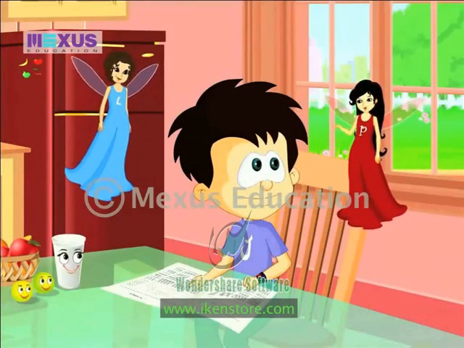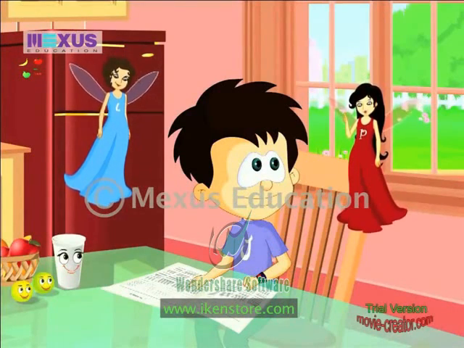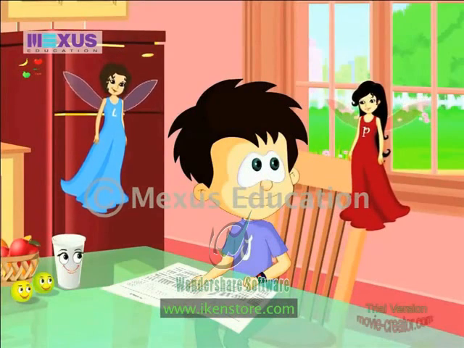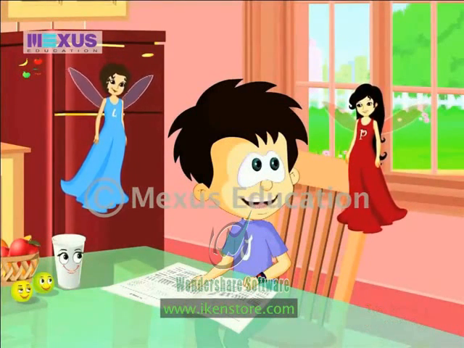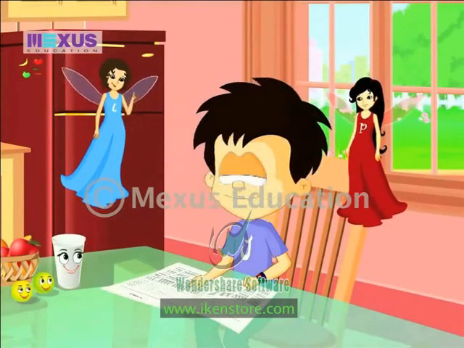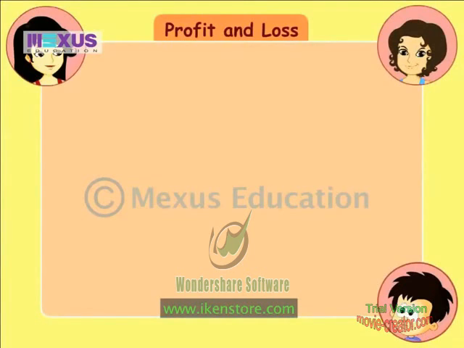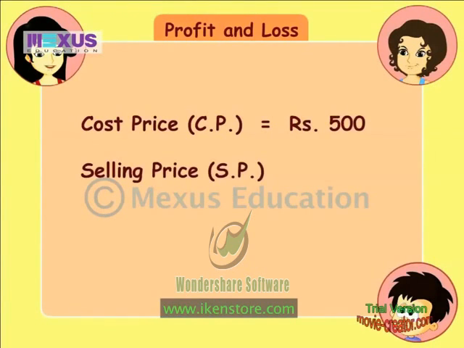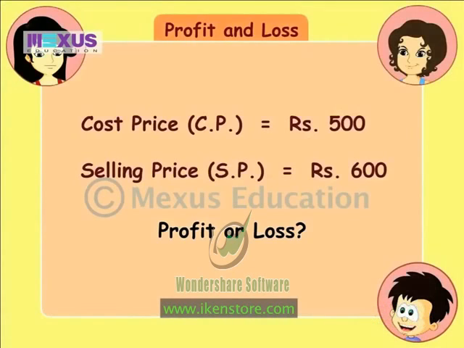Let us show you. Okay now, JC. Let's say you buy a cute little puppy for 500 rupees. And then you sell it for 600 rupees. But why will I sell such a cute little puppy? That's not the point. Loss, take it easy. Okay. As you can see here, cost price or CP is 500 rupees and selling price or SP is 600 rupees. Can you guess whether you'll make profit or loss? I'm not really sure. Or why would I have asked you?